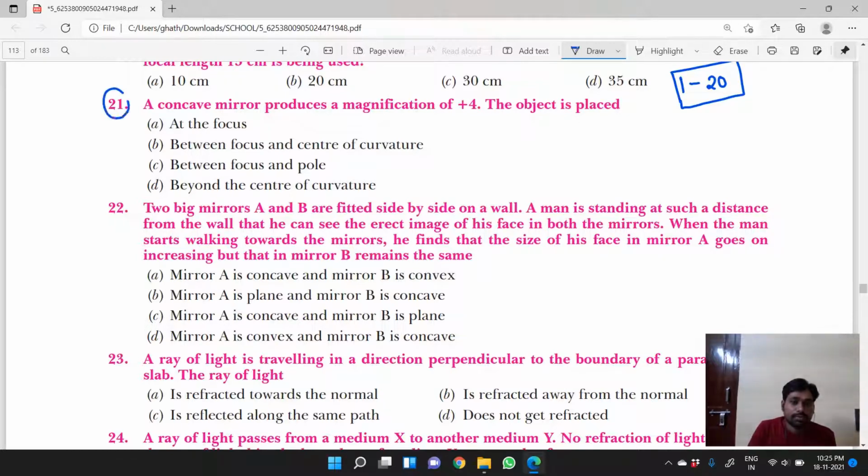So first, the 21st question. A concave mirror produces a magnification of -4. My dear friends, I already told you, if the magnification is positive, then the type of image is virtual.